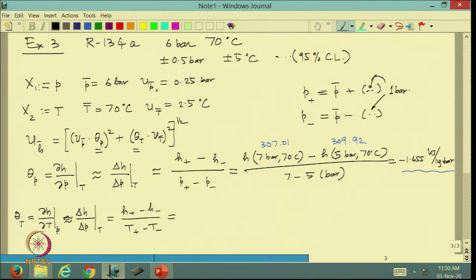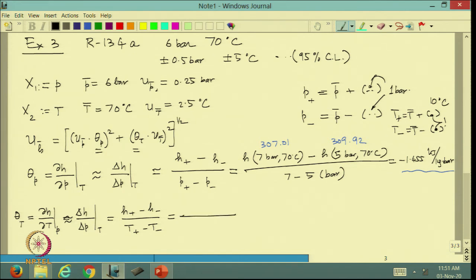Again we are doing the same thing: T plus is T bar plus some value, T minus is T bar minus some value, and these values we can select. In the example I have given, I have taken this to be 10 degrees Celsius.